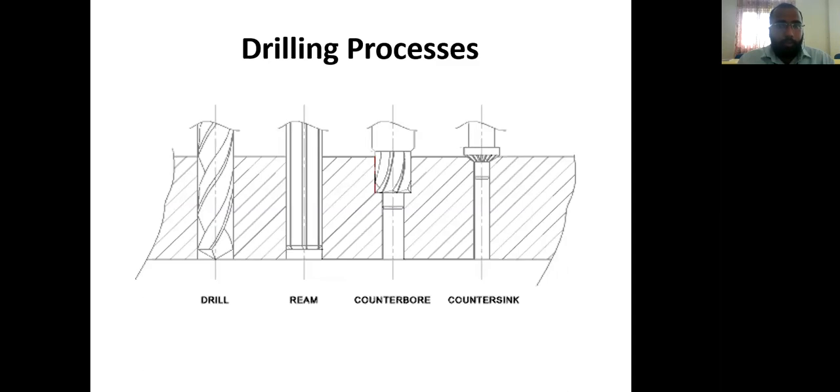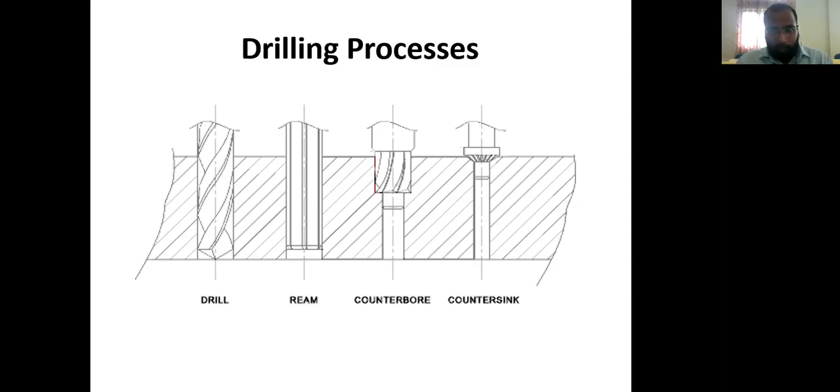There are different types of drilling processes. The idea behind drilling is to create a hole, or reaming. Reaming is making an already drilled hole larger. If I want a 20 diameter hole and don't have a 20 size drill bit, I'll drill with an 18 diameter drill bit, then enlarge the already drilled hole. That is called reaming. Then counterbore: making the already drilled hole very large at one end.